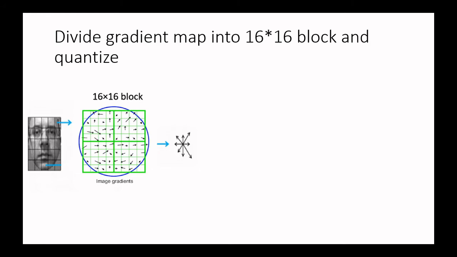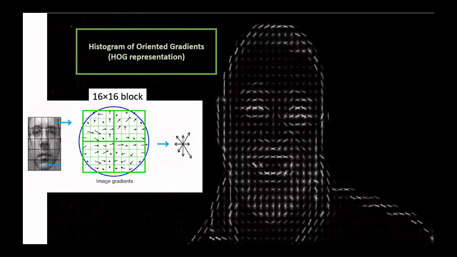Thus, each 16 by 16 block now contains a histogram of oriented gradients, which is a 9-dimensional vector. And the whole image is now a simple representation that captures the basic structure of the input image.